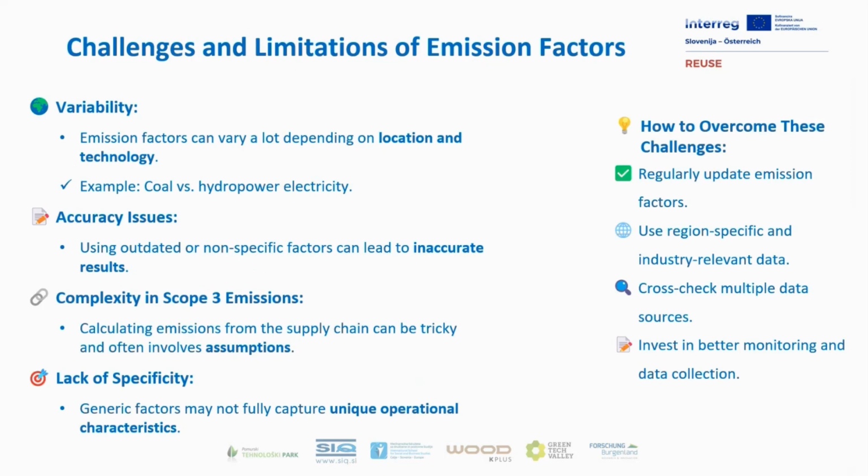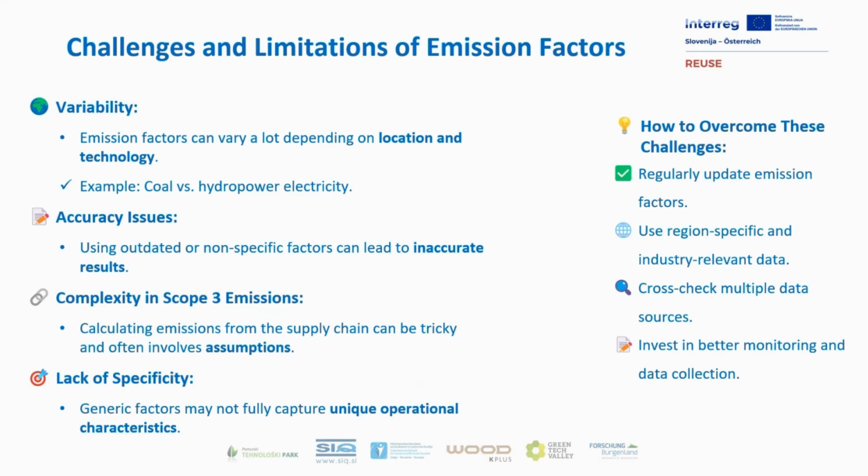So yes, now let's talk about challenges and limitations of emission factors. Even though emission factors are incredibly useful tools in carbon footprint calculation, they do come with some challenges and limitations that we need to keep in mind. One of the biggest challenges is variability.